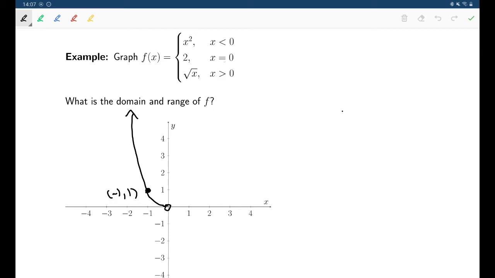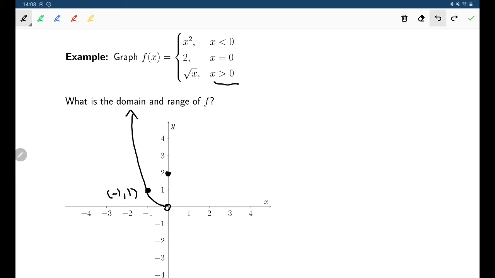If we're thinking about what's happening when x is actually 0, we have just a single value. This is telling me that when x is 0, the y value is 2. So in other words, we have the point 0, 2 on our graph. And then the last part: if we're thinking about the square root part of this function, we're told that when x is larger than 0, we will be the square root function.